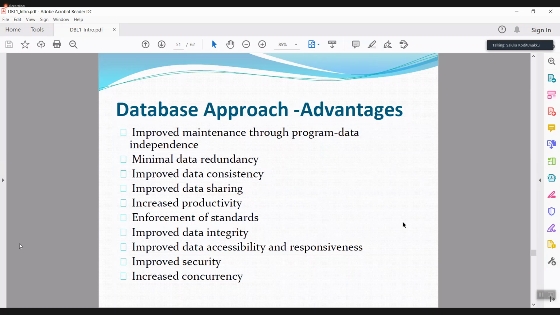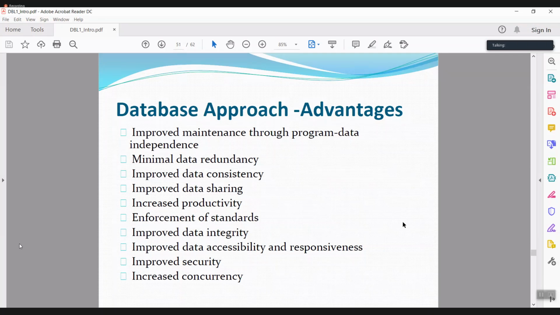And then productivity is increased when using the database, because we have structured the data properly and stored it in a consistent manner, and therefore users can access meaningful and correct data without any inconsistencies or delays and so on.